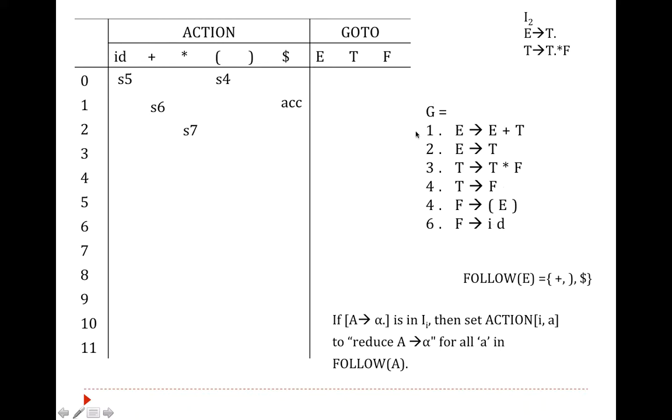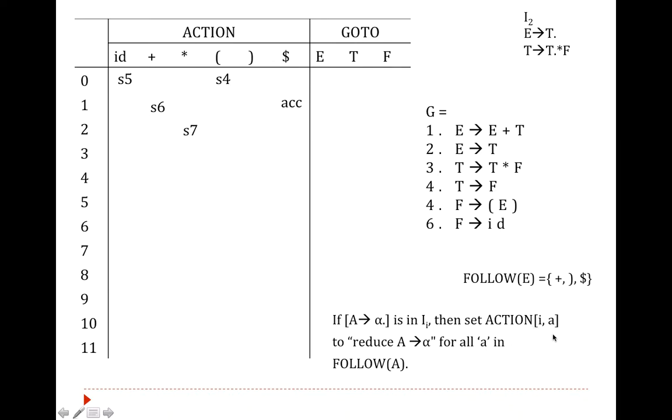Now these grammar rules are labeled here. This is first rule, second rule. In that way all 6 rules are labeled with a number. Now what we have to do is, this A gives alpha dot is E gives T dot, which is there in I2.